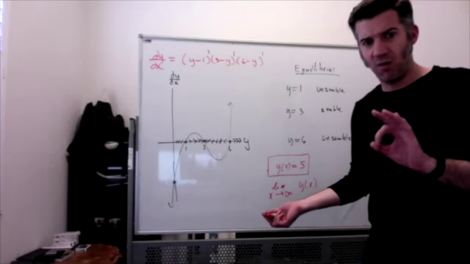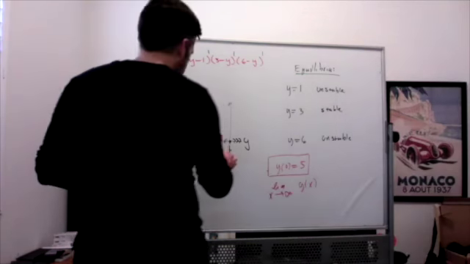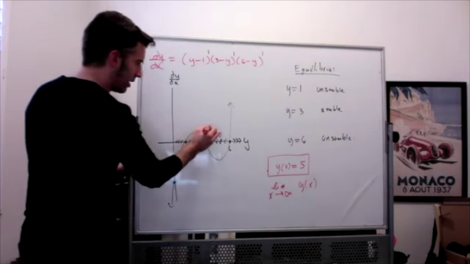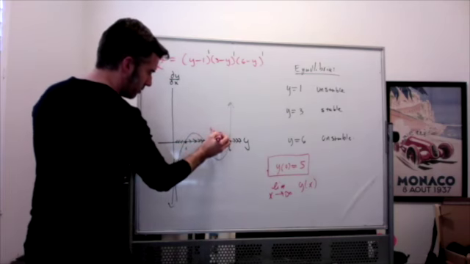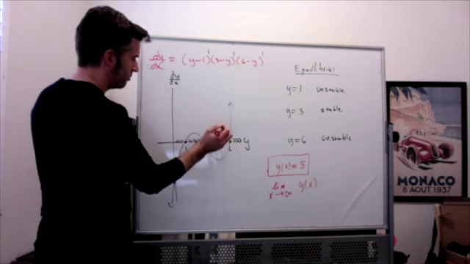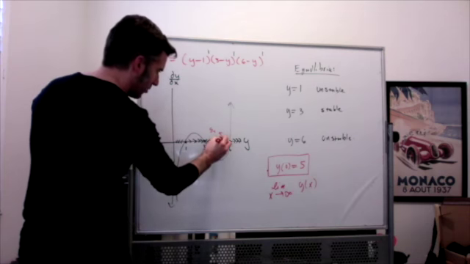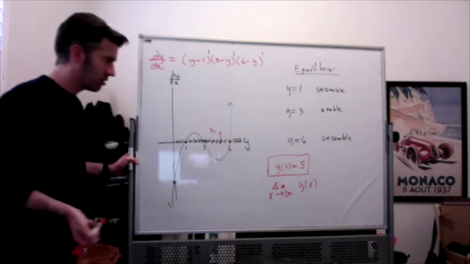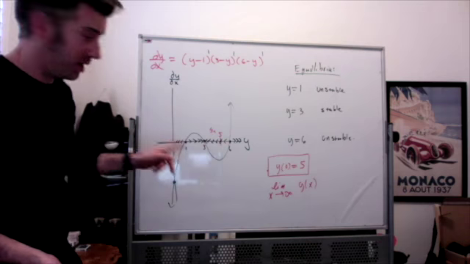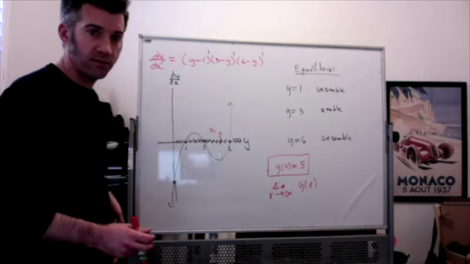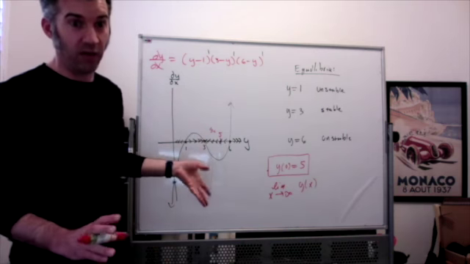Well, that's right there. There's y equal to 5. Which must mean we're starting right here. Well, if we start at 5, we're not on this graph. We don't have the graph that we're actually on.